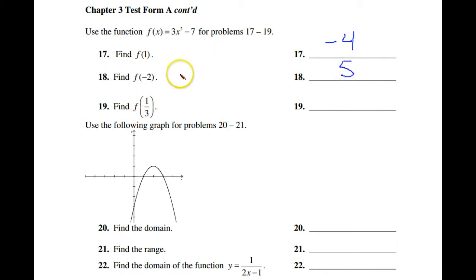And if this is 1/3, I'll do that one here. So this becomes 3 times 1/9 minus 7. So this cancels out, and I'm left up with a 3 down here.